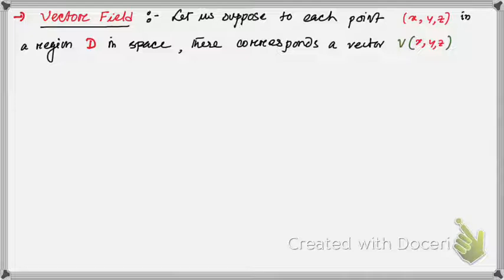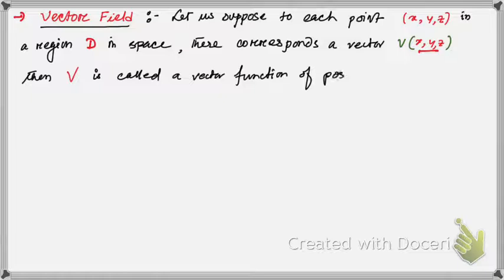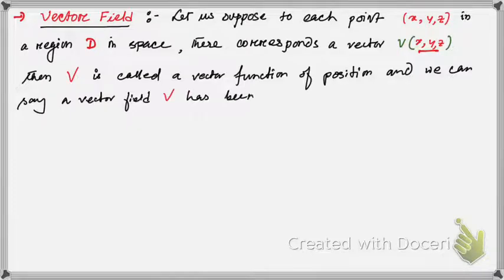A vector quantity is associated with this coordinate xyz in that region. Then v is called a vector function of position, and we can say that vector field v has been defined on the region D. Hope you have got this.